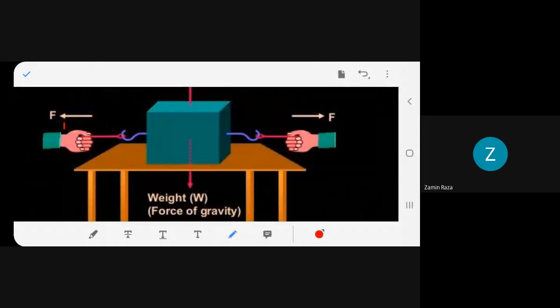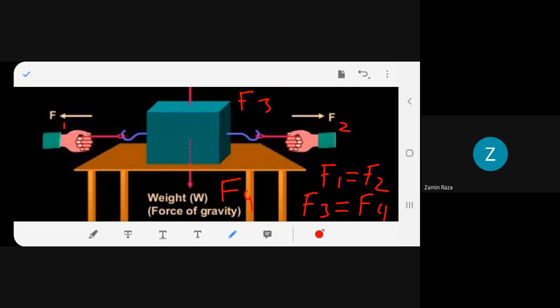This F1 and F2 are balanced, equal, right? Up one is F3 and this one is F4. So F3 is equal to F4. You understood now? So everything is balanced. Left, right, top, bottom. And the body does not move.